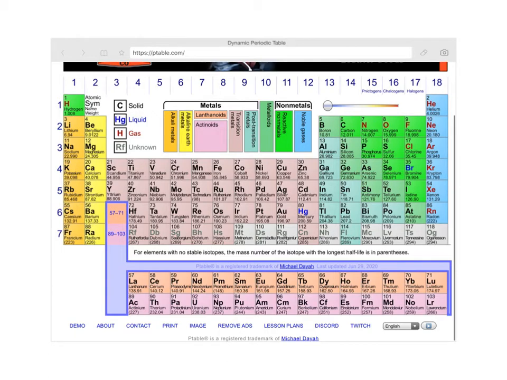When you are looking at the first group, these elements will have a +1 charge. You might ask why that's the case. Well, let's talk about that. You remember how I said that this group is the noble gases?